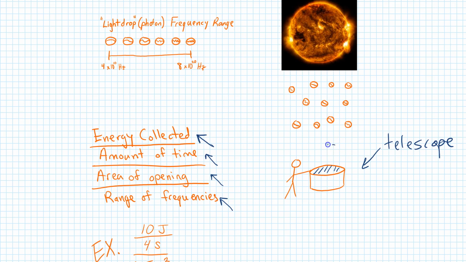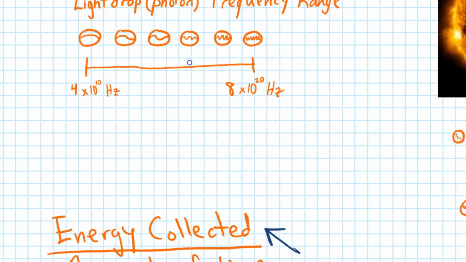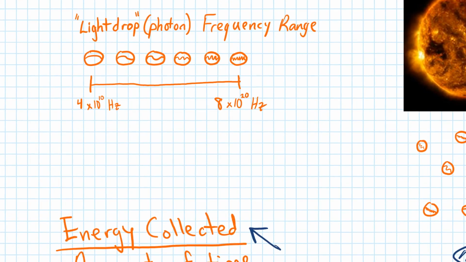And then this time, instead of a range of drop sizes, we're going to use a range of frequencies. So we're going to pretend that we have some filter here that only lets in certain frequencies of light. Like I said before, if I have a filter and it only lets in this range from here to here, then I'm only going to get energy from those photons.